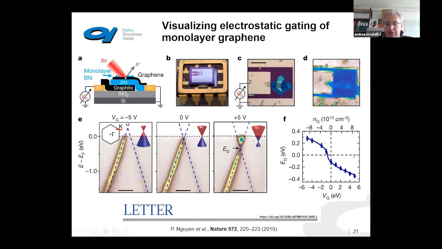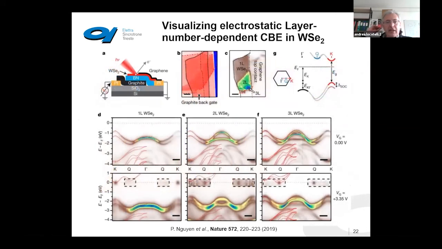And the graph here on the right-hand side is particularly important because this is a method that allows you to see states that are normally not occupied. And this is a more significant case of the conduction band edge in tungsten selenide, where the same trick was used. Instead of graphene, you have tungsten selenide.